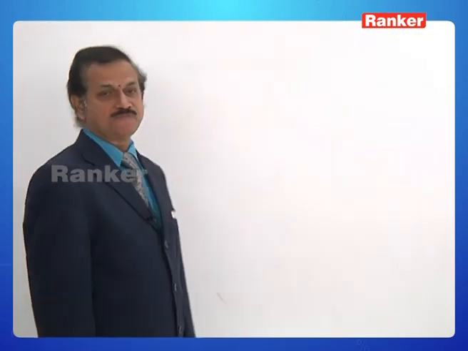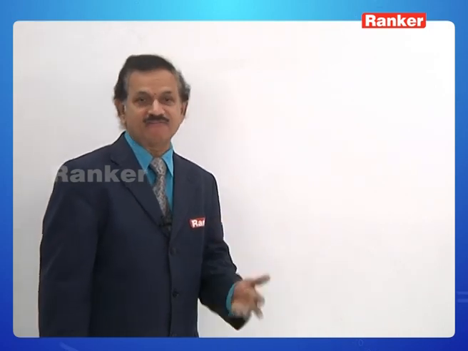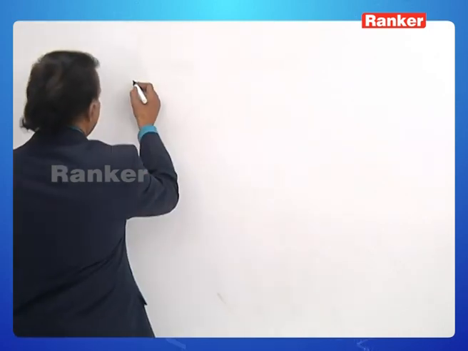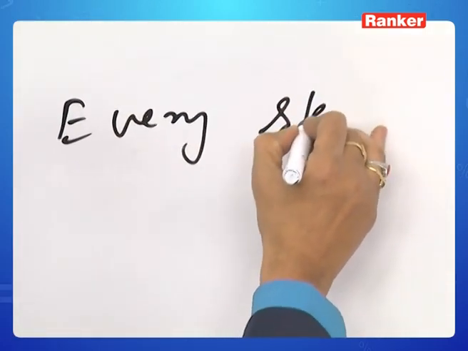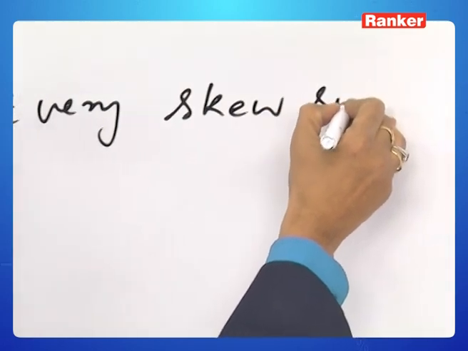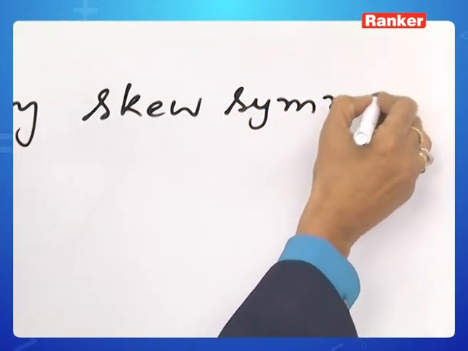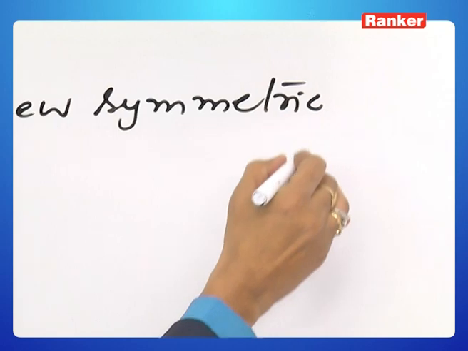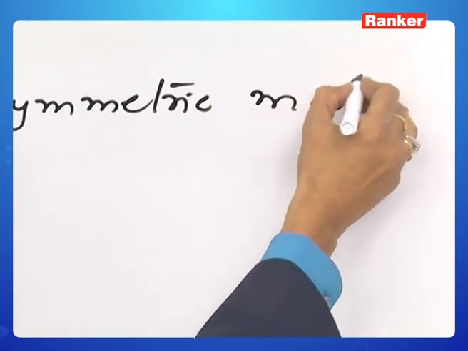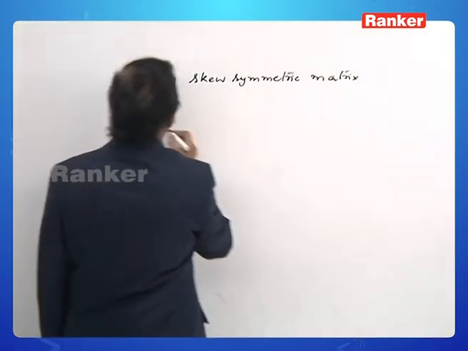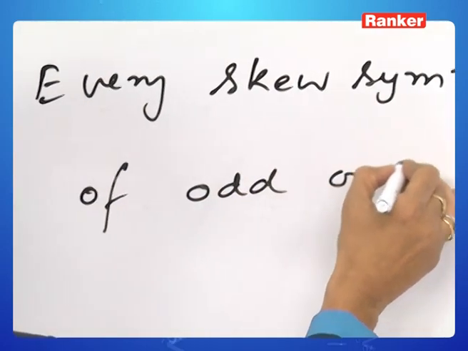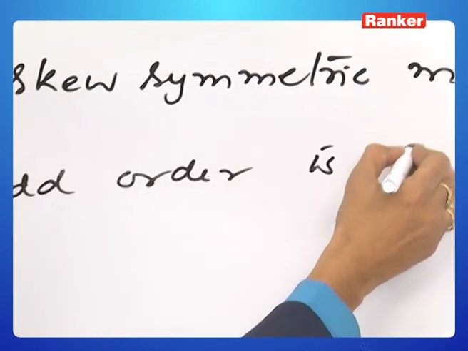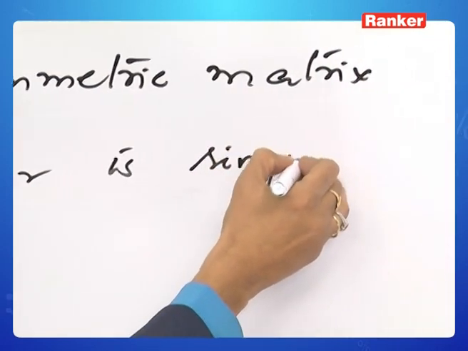By observing the previous example, that statement that we can frame is: every skew-symmetric matrix of odd order is singular.